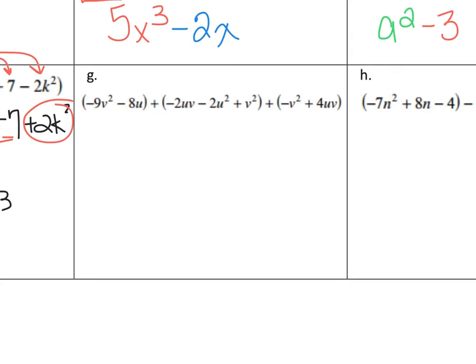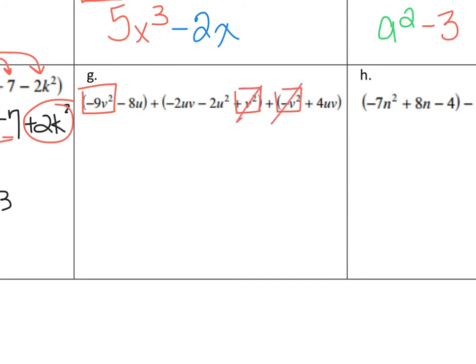Letter G can get a little confusing, so I'm going to use color again to hopefully make it not confusing. We don't have any subtraction signs. There's an addition sign here and an addition sign here, so we just have negative and positive terms. So first I'm going to look at the v squareds. I have negative 9v squared plus v squared minus v squared.